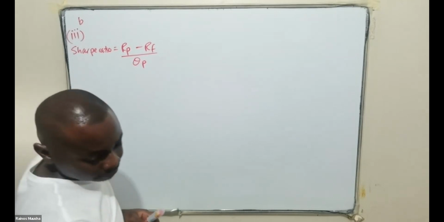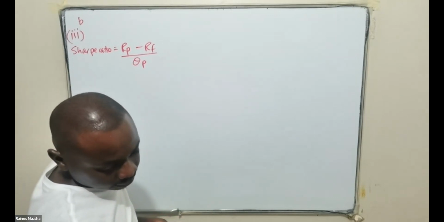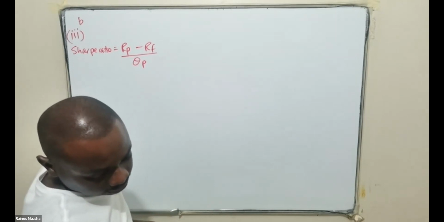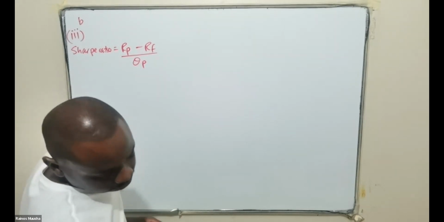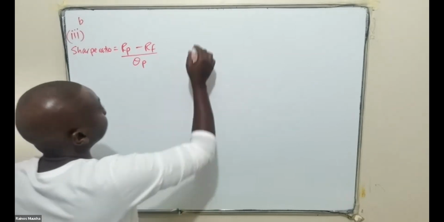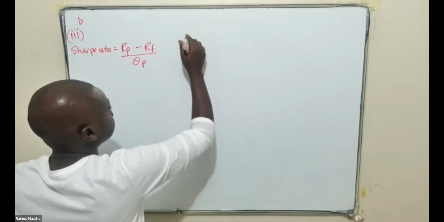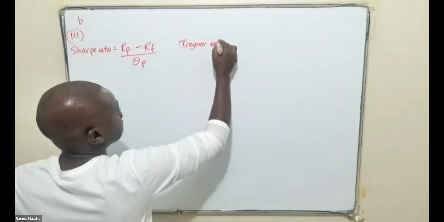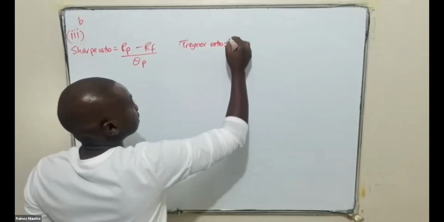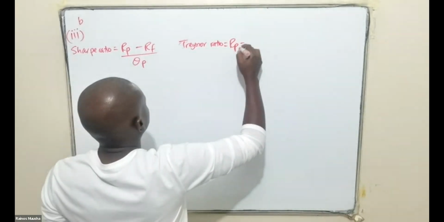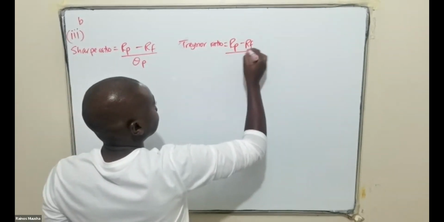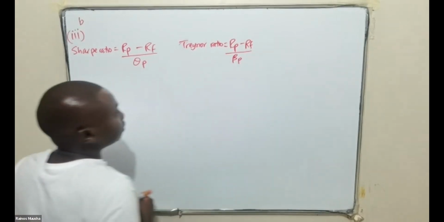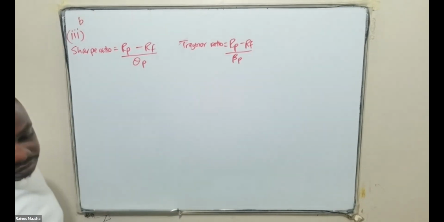Then they also ask us to calculate the Treynor ratio, which is given as the return of the portfolio minus the risk-free rate of return divided by the beta of the portfolio. So that's your Treynor ratio.